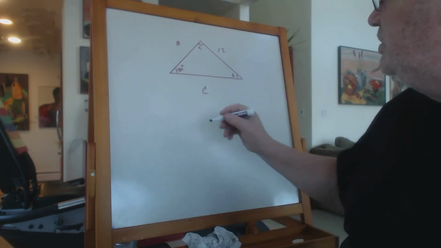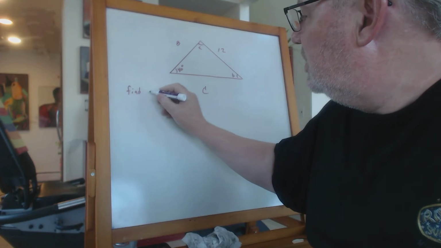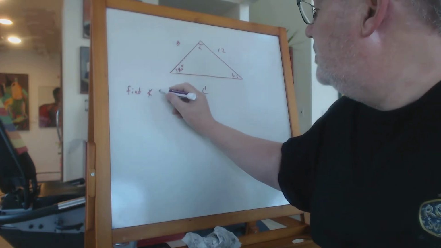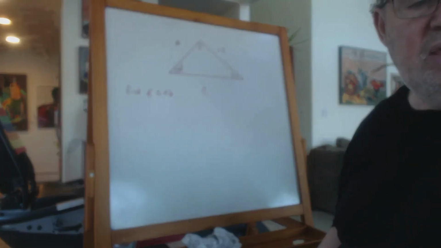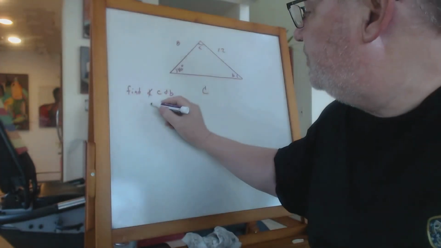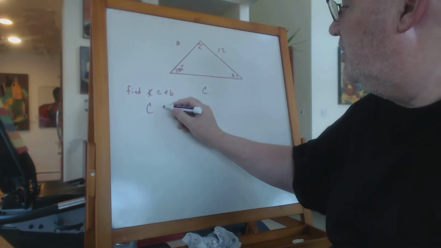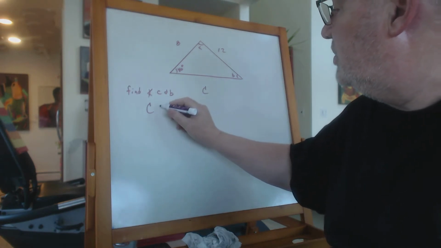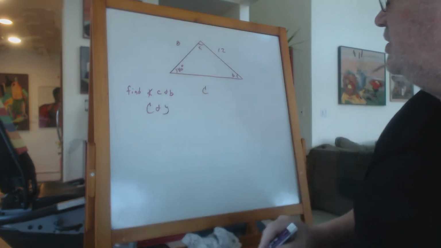So what we're given is: find angles C and B. We also want to find C, the base, and Y, the height.